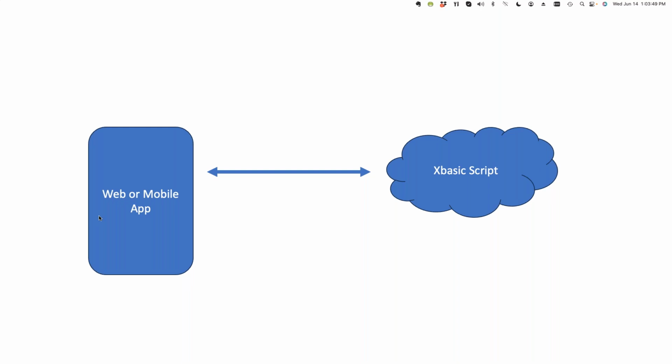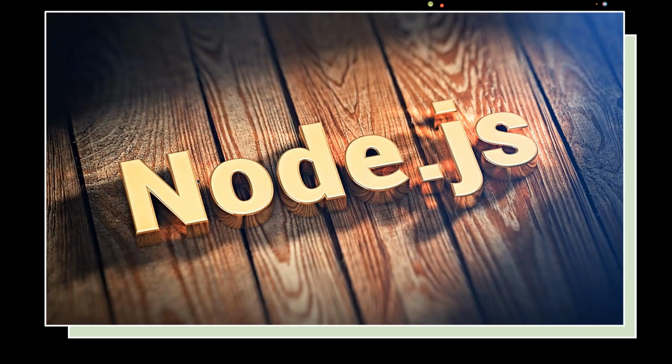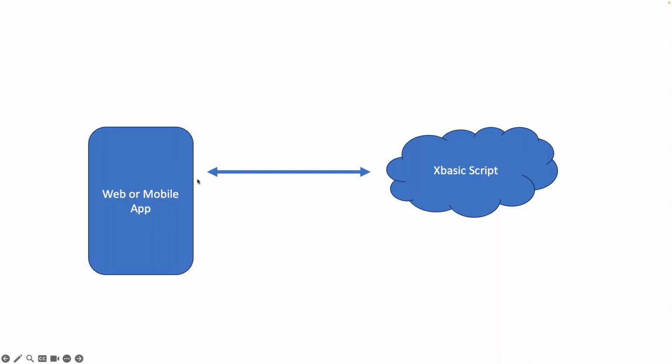So basically with an AJAX callback, you have a web or a mobile application that's running in a browser, and in the case of a mobile application, it's a browser within the mobile application. And it uses JavaScript to make an AJAX callback to the server to get the data back.